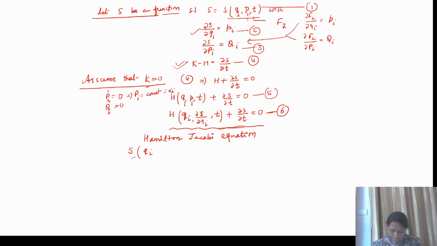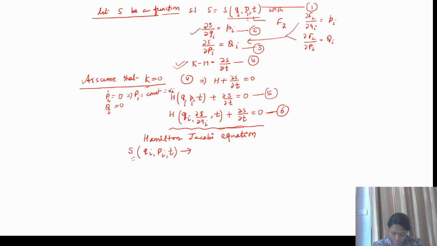So this S basically is a function of q_i, and then some constants alpha_i, and time.